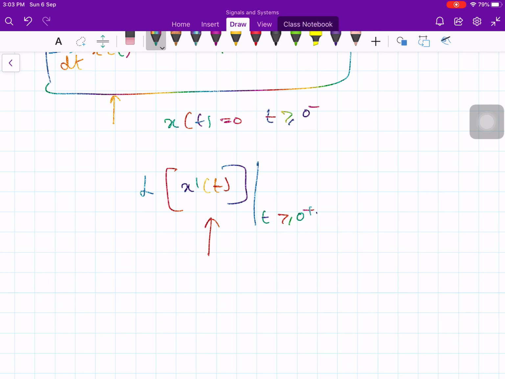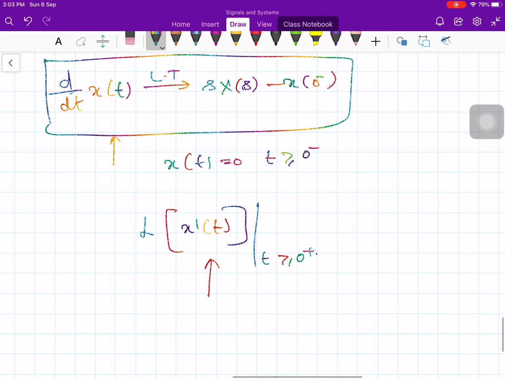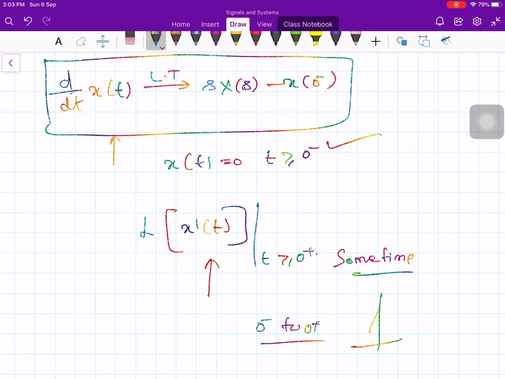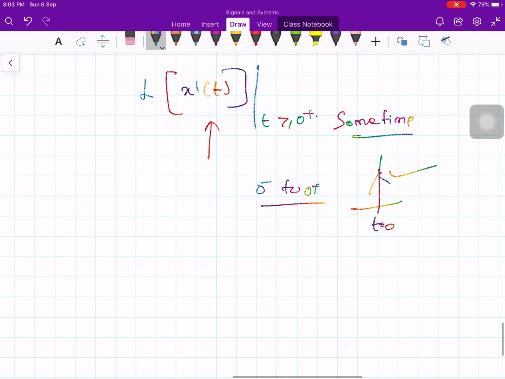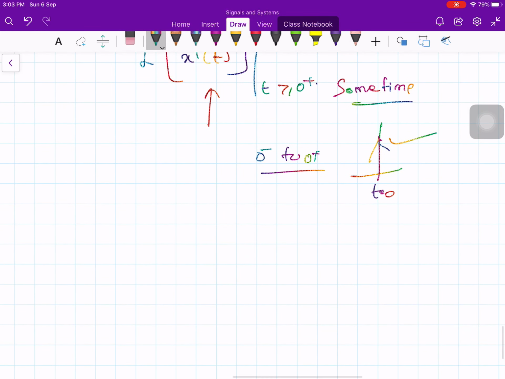Mostly we always consider 0 minus, but sometimes we may not be interested in what is happening from 0 minus to 0 plus. That means if you have an impulse at t equals 0, you just disregard it when you take the differentiation. We would like to disregard whatever is happening before t equals 0 plus.